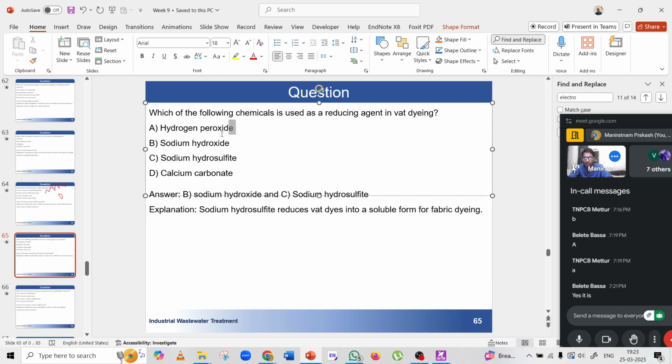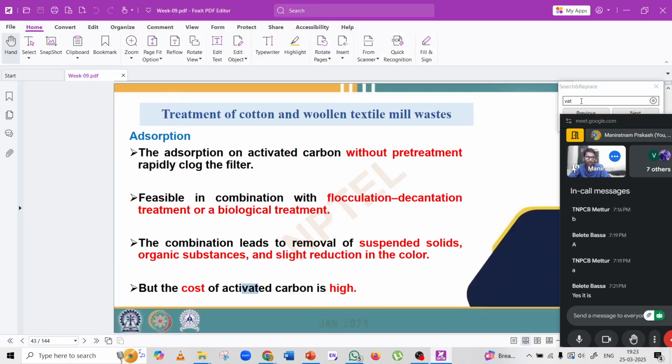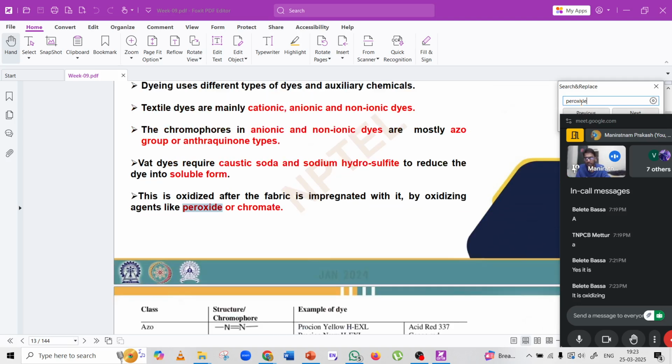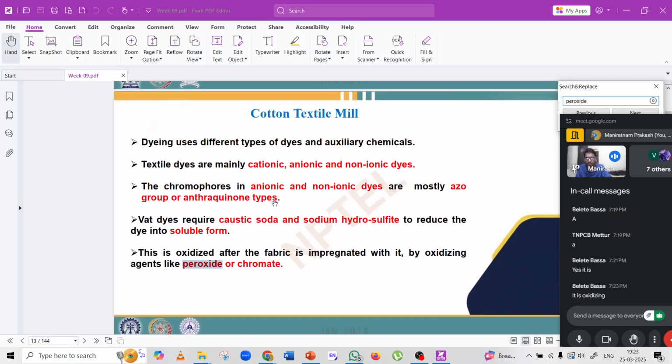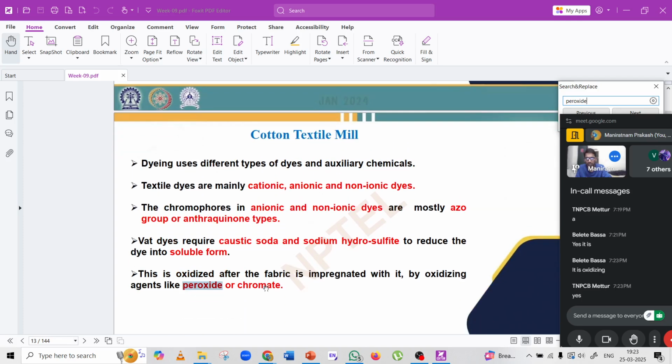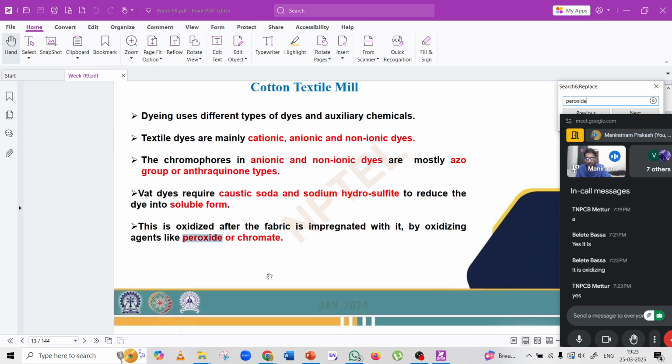Hydrogen peroxide, you can see, is used in bleaching operation, not in dyeing operation. It oxidizes, such as in cotton. Vat dye only requires this, but this use of peroxide is for a different thing.